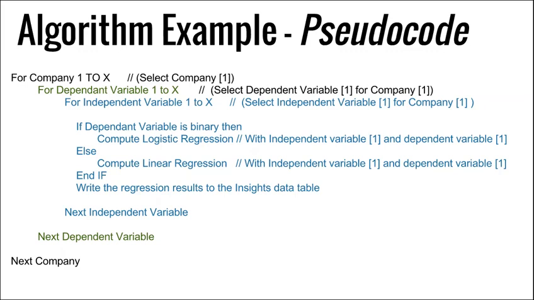What we basically have is a loop that goes through, selects all the different combinations of the companies that are set up in our system, our clients, and then looks individually at each of their dependent and independent variables, determines if the dependent or independent variable is binary or not, and then applies either a logistic or a linear regression. So this should tie together everything that you've seen in all the prior slides.